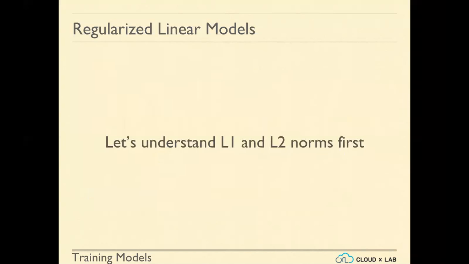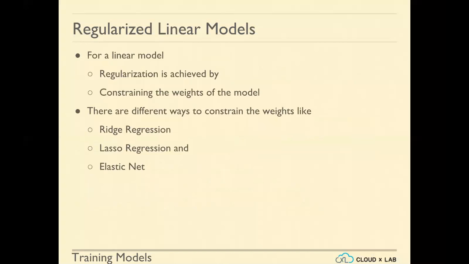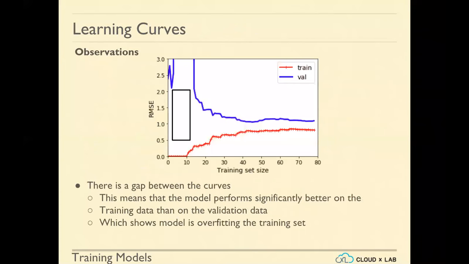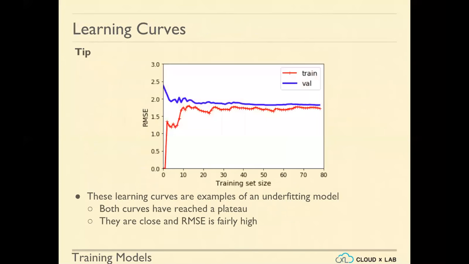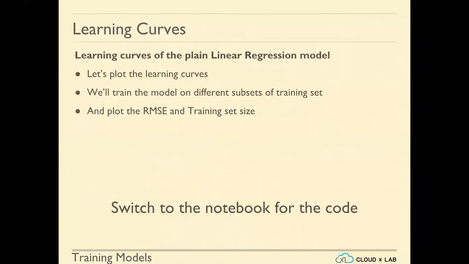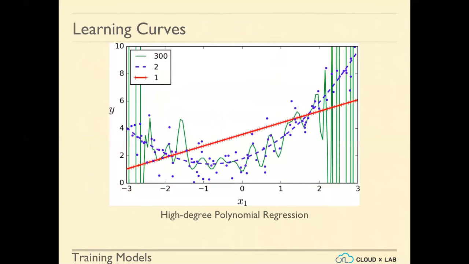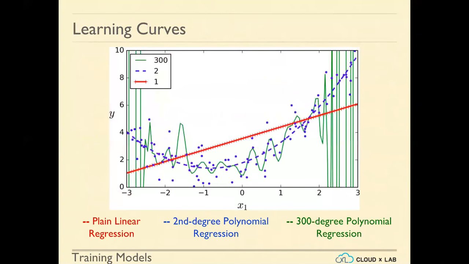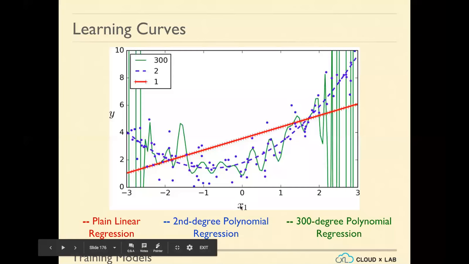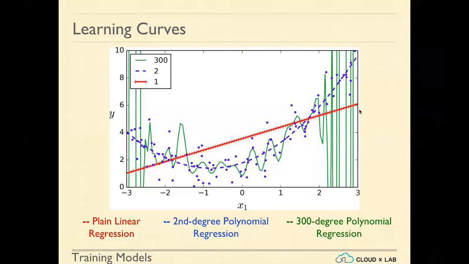Before I jump into that, let me answer Noor's question. The question is, like you showed polynomial, do we have a diagram for linear also? Right here, this is the linear one. Since we are talking about only one feature, we have drawn it in 2 dimensions.